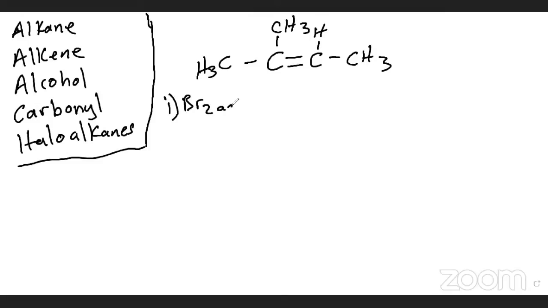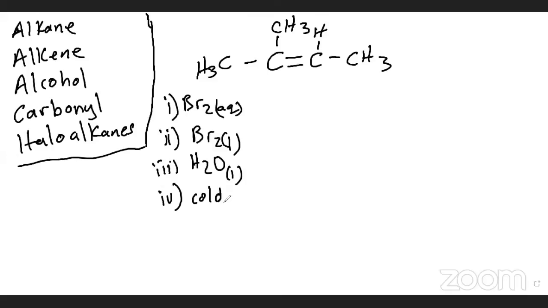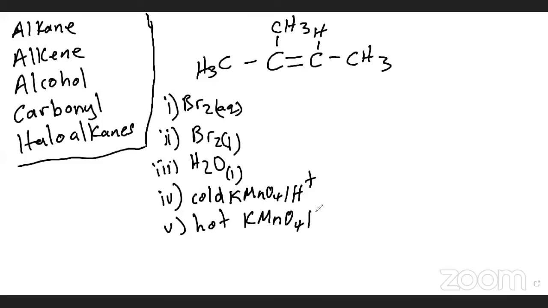You can react alkenes with bromine water, with liquid bromine, with water, with cold acidified potassium permanganate, which oxidizes it.